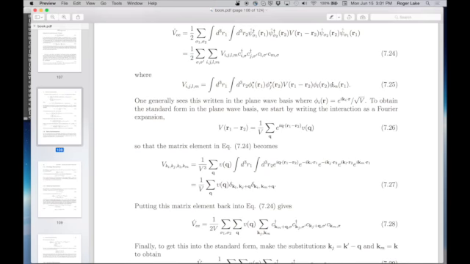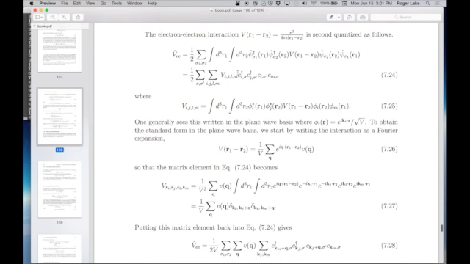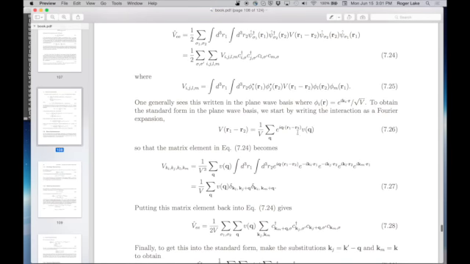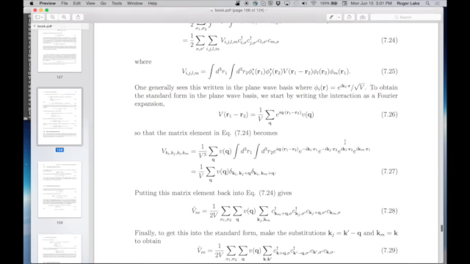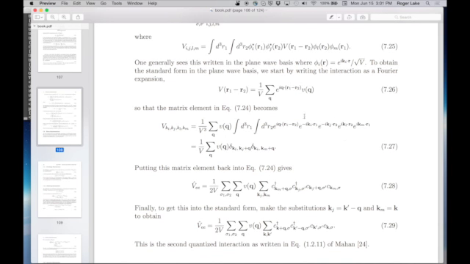So we just looked at it in some arbitrary basis, and had this V_ijlm. And now if we use our usual plane wave basis, then this just becomes the form that you often see written in textbooks.